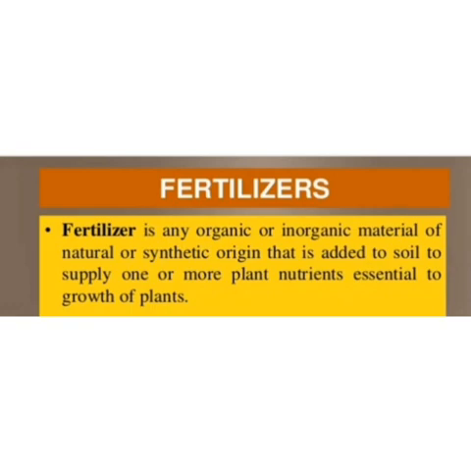Next, we will discuss how we can improve the growth of plants. Yes, by using fertilizers. A fertilizer is an organic or inorganic material of natural or synthetic origin that is added to soil to supply one or more plant nutrients essential to the growth of plants.